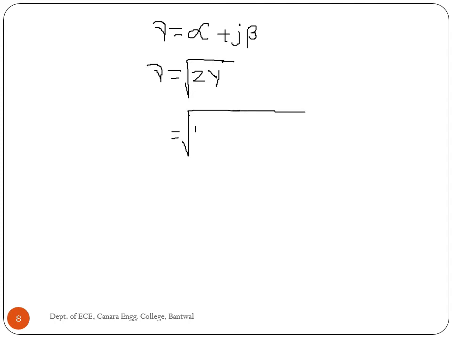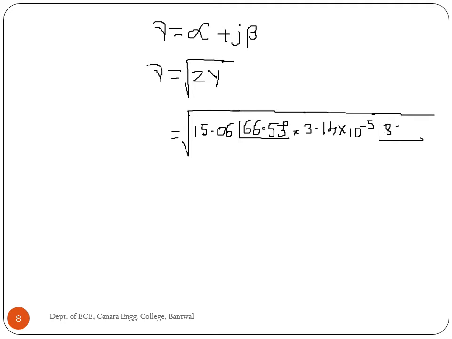Z is equal to 15.06 angle 66.53 degree, and Y is equal to 3.14 into 10 to the power minus 5 angle 89.90 degree.